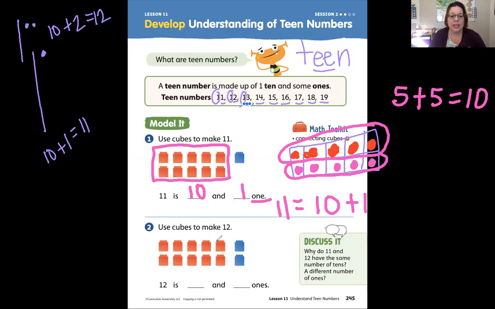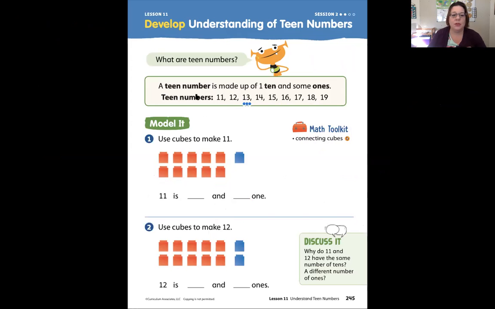I'm going to move down here where it says use cubes to make 12. Now, again, like I said before, I can look at this and see 10.